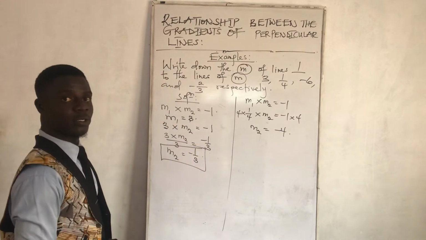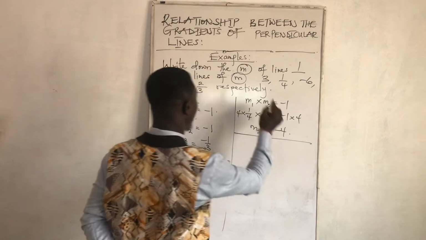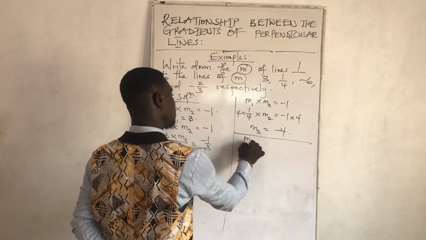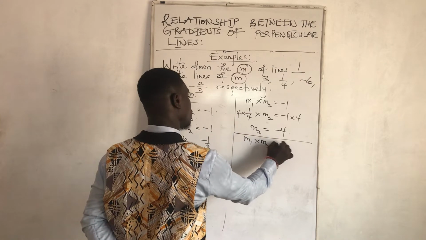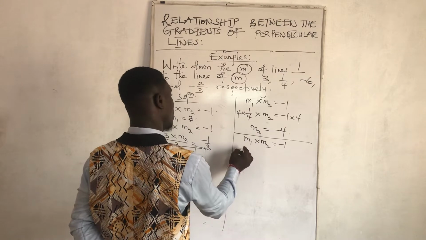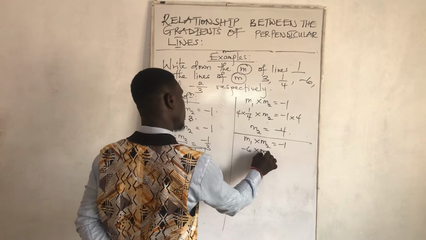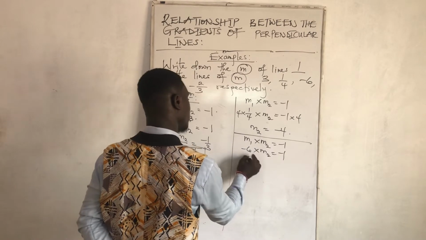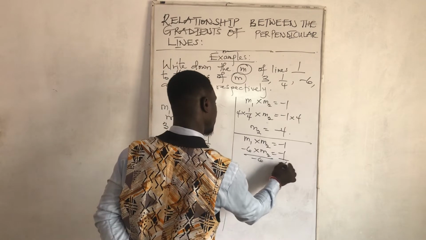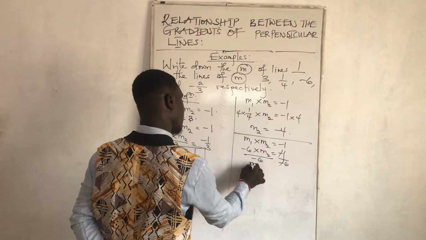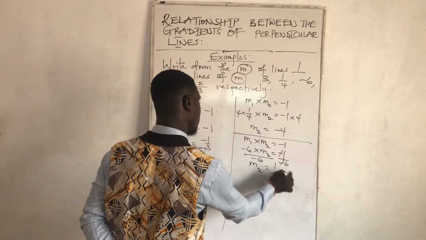That's the unknown gradient. Then here we have m1, which is -6, times m2 equals -1. So I divide by -6, since this cancels, m2 is equal to 1/7.